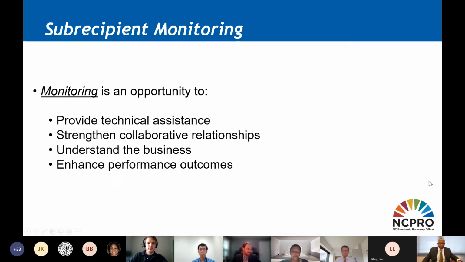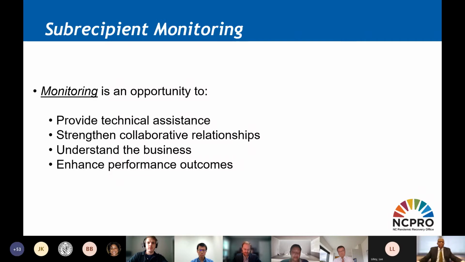Next slide. Monitoring is also an opportunity. Monitoring is an opportunity for us to provide technical assistance to our subrecipients. It's an opportunity for us to build and strengthen collaborative relationships.